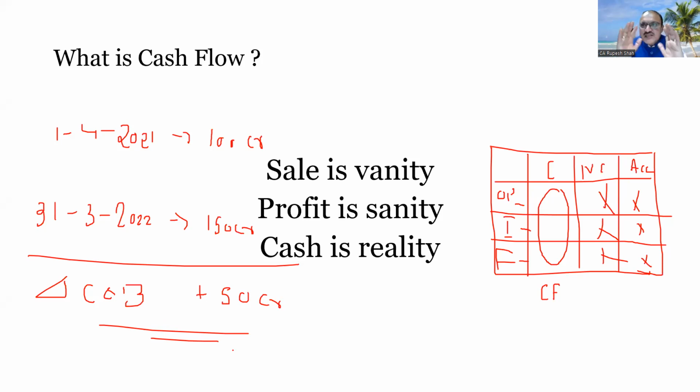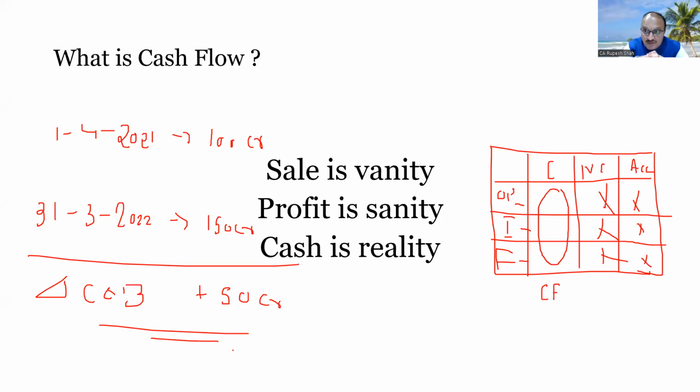Now, what is the mistake people make when they look at the cash flow? They say, भाई इसका कैश बैलेंस 50 करोड़ से बढ़ गया है, that means it is very good, right? A net cash positive is very good. That is the biggest mistake all of us make. This is actually an optical illusion.